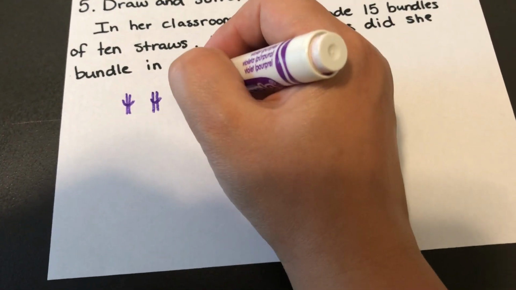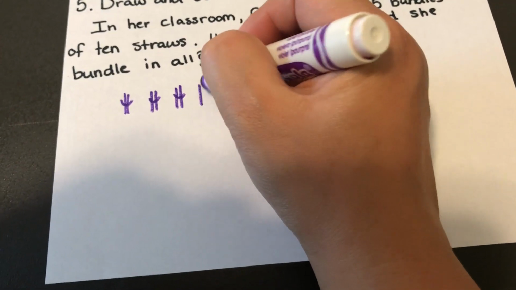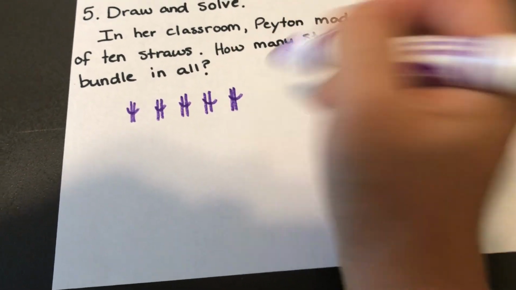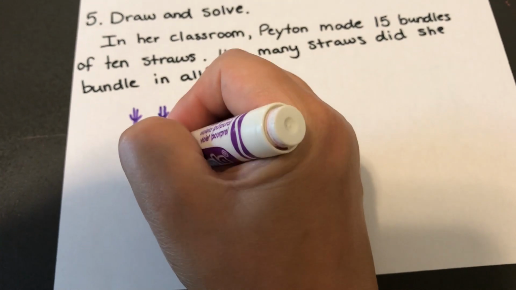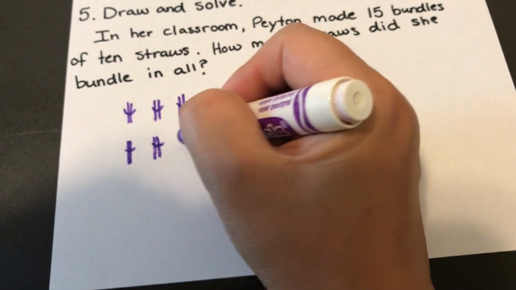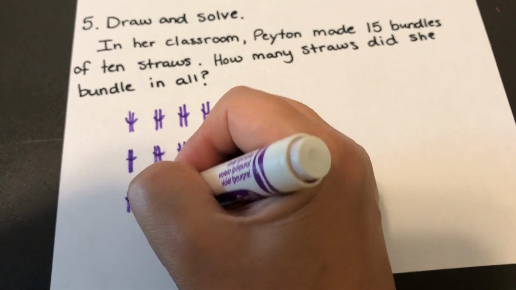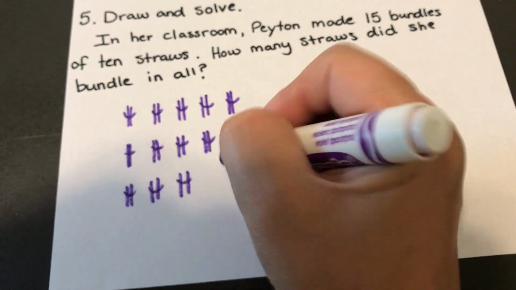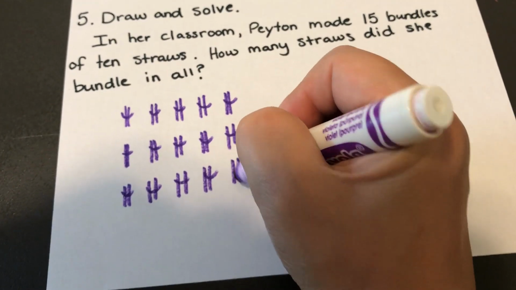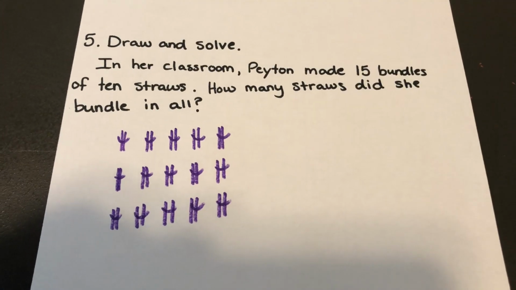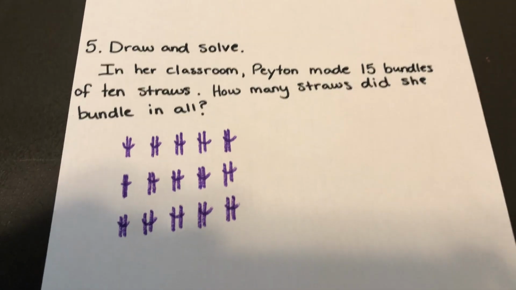I need to draw 15 of those. All right, so there's 5, 6, 7, 8, 9, 10, 11, 12, 13, 14, 15. All right, there's her 15 bundles of 10 straws.